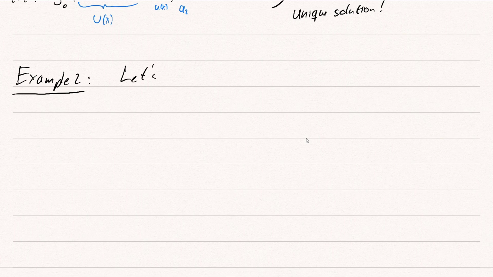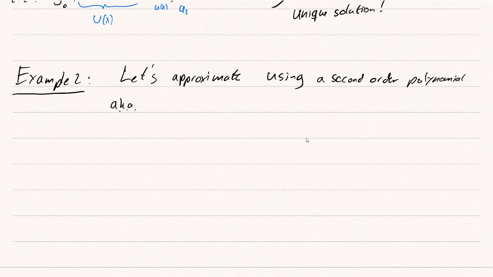Let's approximate, using a second order polynomial, aka a quadratic approximation, on the same interval.